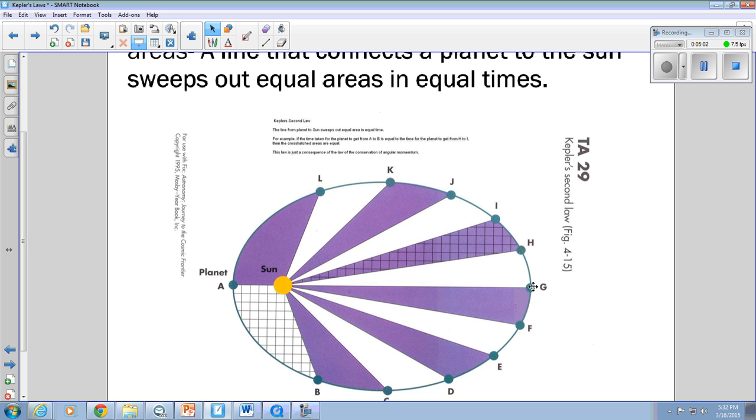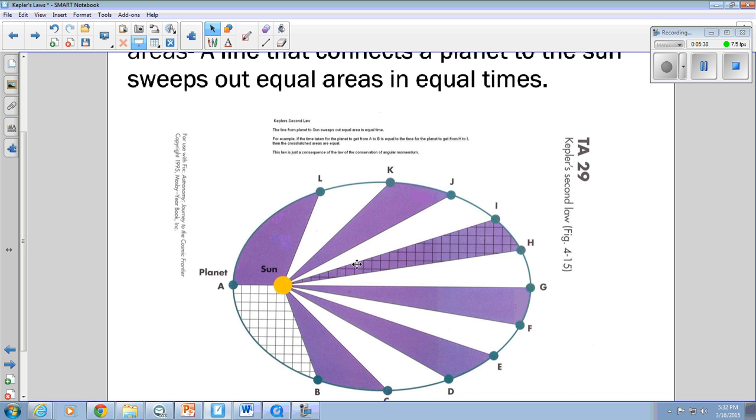And what you have is 1, 2, 3, 4, 5, 6, 7, 8, 9, 10, 11, 12 months for the Earth to orbit around the sun. So these are equal time periods. Each one represents a month. So from G to H, this area in here is equal to the area from H to I. It's still 1 month of time, but this line that's connected to the planet is going to sweep out equal areas for each month.